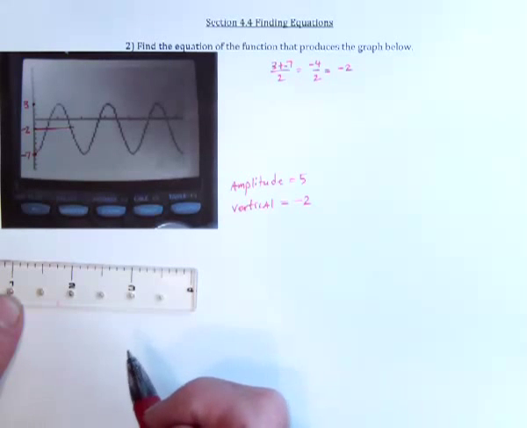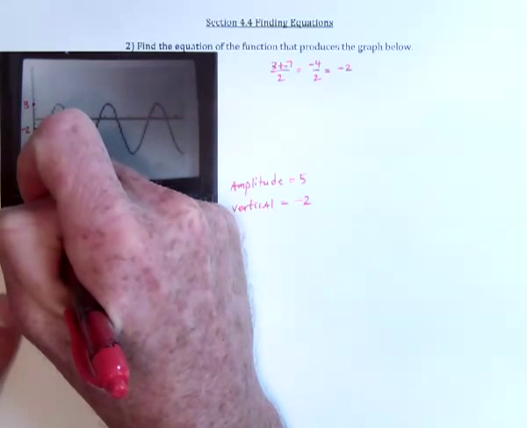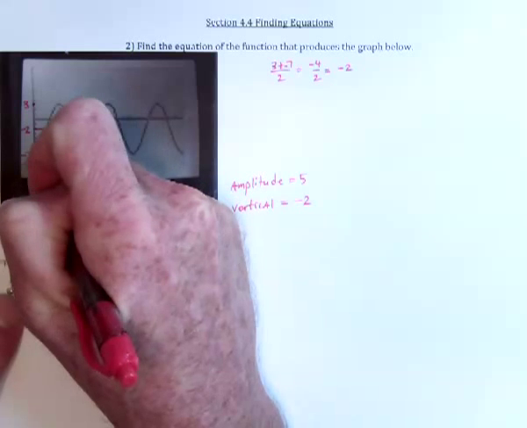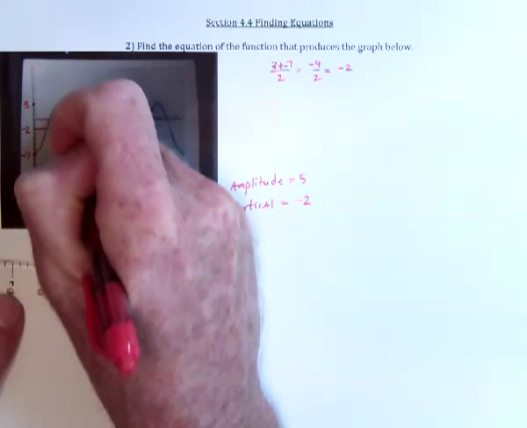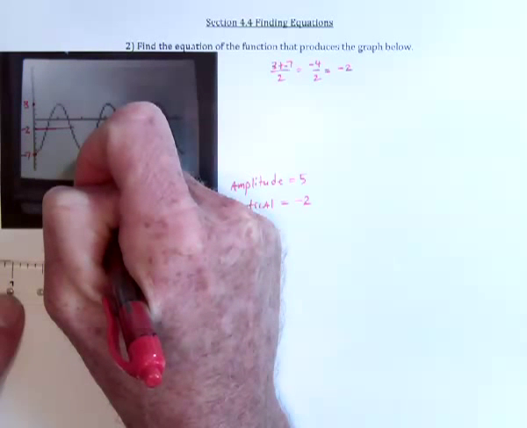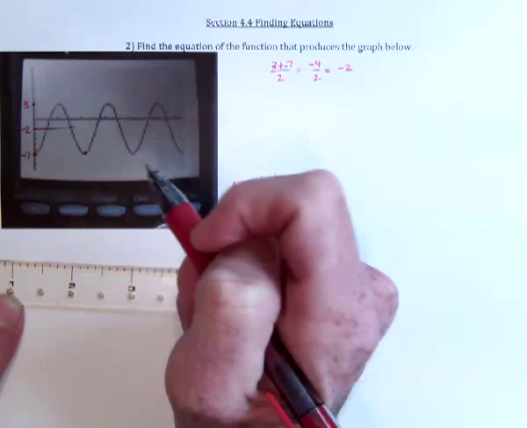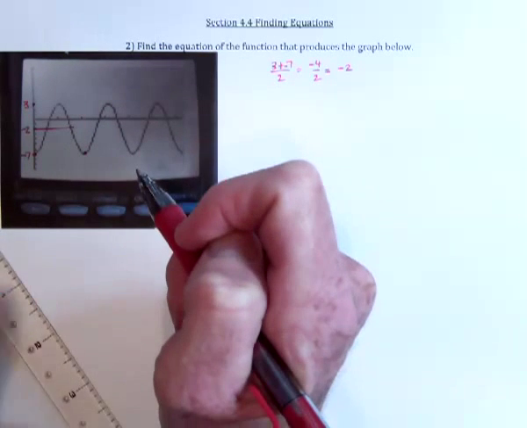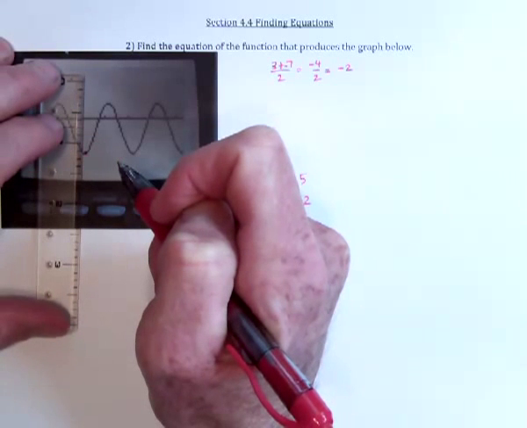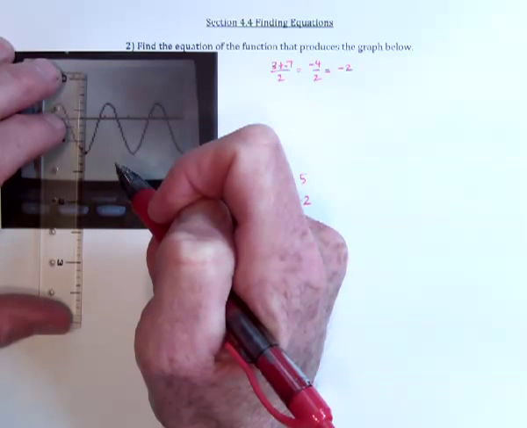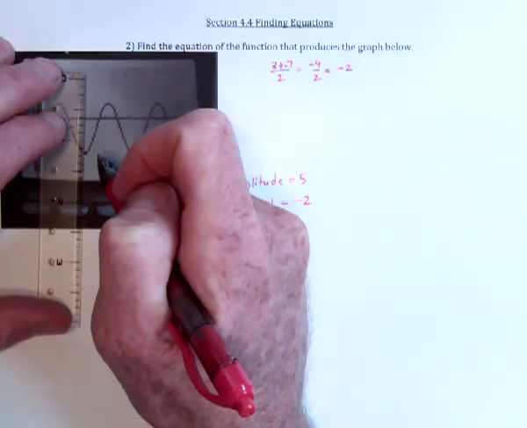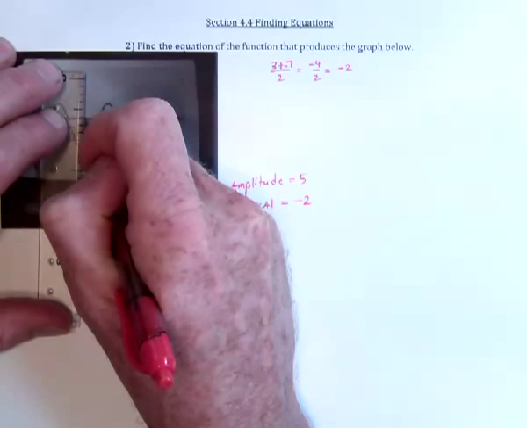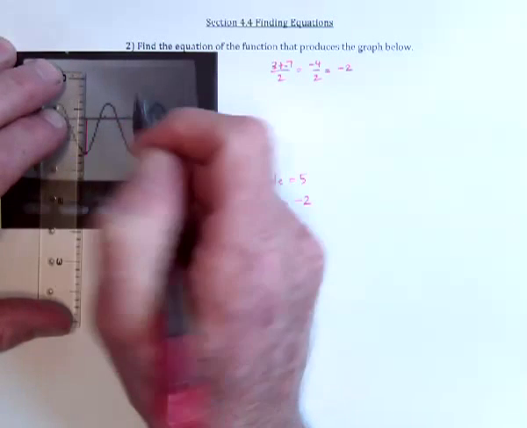And now for the x information. So I need to follow this thing for one cycle. So from the bottom it goes up, and then it reaches the bottom again right about here. And so that, as far as the x, is going to be right about here.